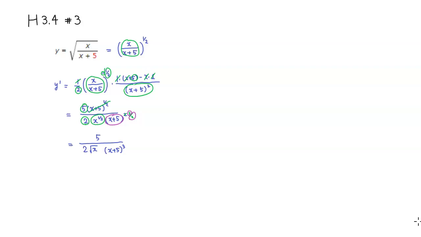I can combine these two together so that we don't have to write the square root twice. So I would write it as 5 over 2 square root of x times x plus 5 quantity cubed. Let's type it in.